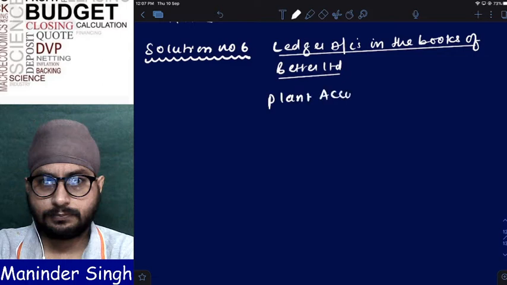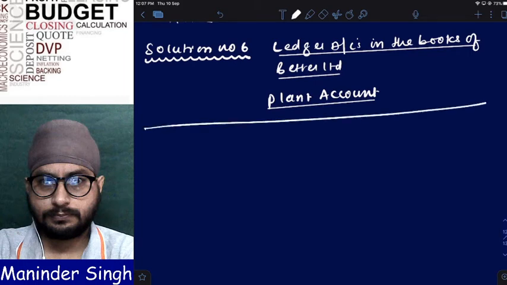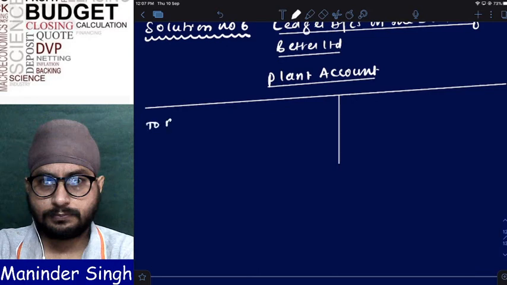Plant account. Now, plant is an asset or liability? Plant is an asset. Asset will have which balance? Debit balance. So, to balance brought down, 15 lakhs. Now, when I'm transferring to realization account, the asset becomes zero.